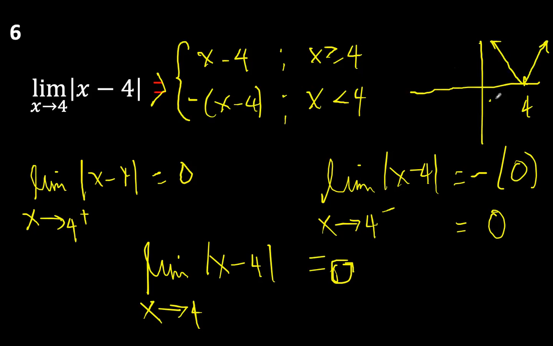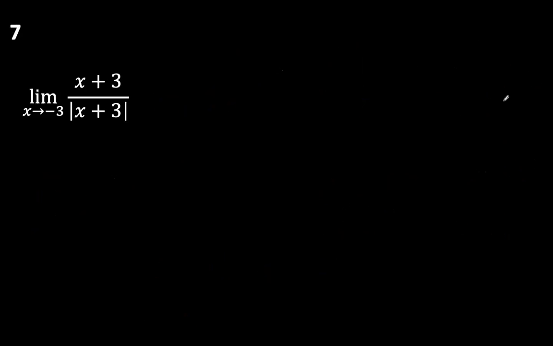This is the left-hand side of 4 and the right-hand side of 4, and they're both approaching 0. So you better know how to sketch the graph, and you can easily identify the limit of that.